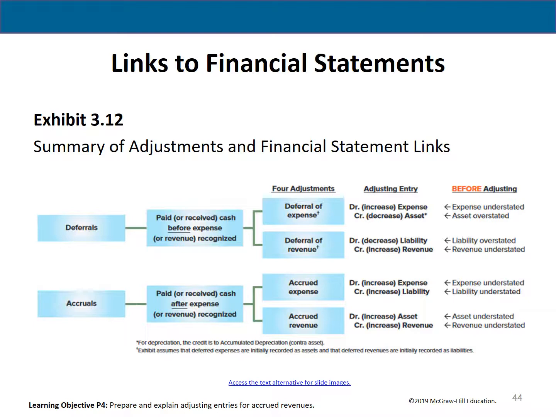And those items are usually put into these categories and result in these types of journal entries. Why are we doing them? Because we're getting ready to do a financial statement, and it's at this point we want to make sure all of our revenue is recorded and all of our expenses are recorded. If they aren't, it's not going to give us a true financial picture.